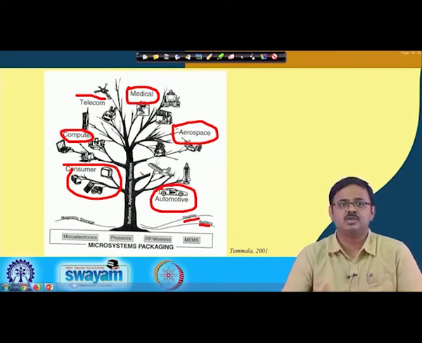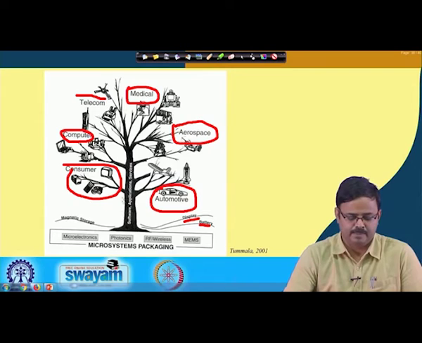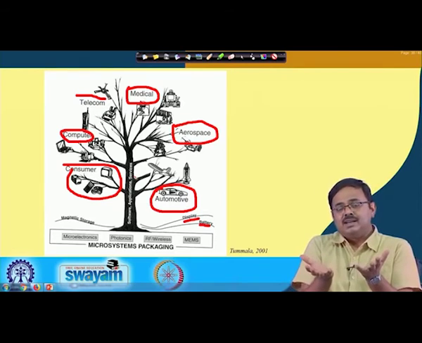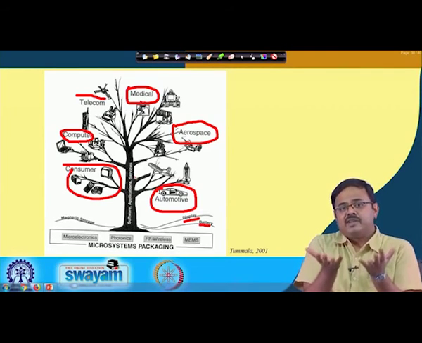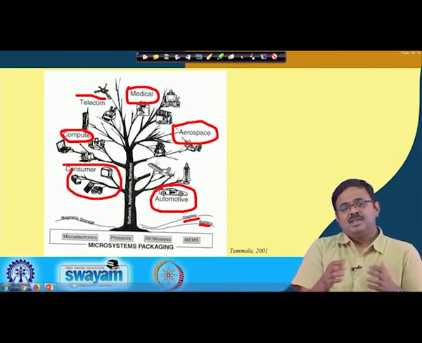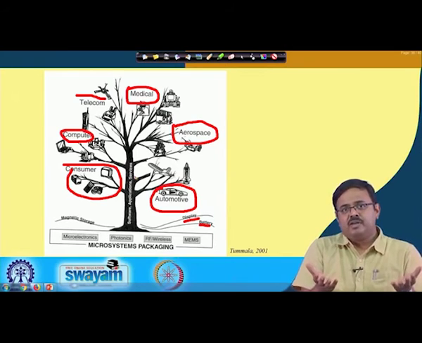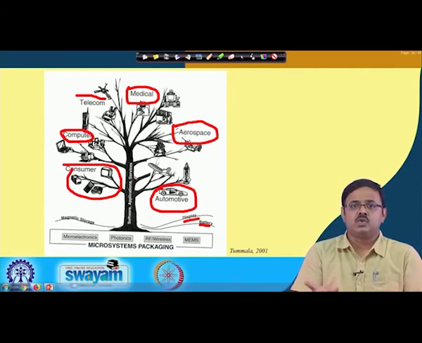Central to that, what you see here is communication. If this ecosystem is represented by this tree, the communication happens through software, applications, and services. So along with this growth in the electronics and hardware sector, there is also a complementary growth or demand for better software, better services, better networking, and so on.